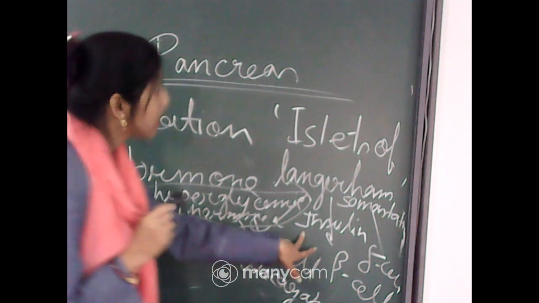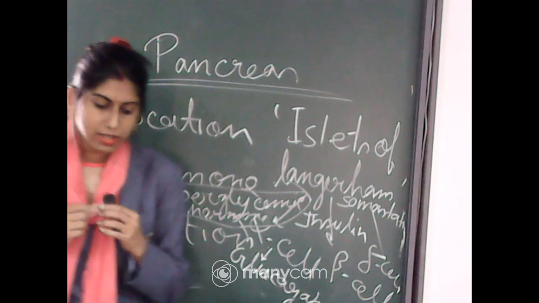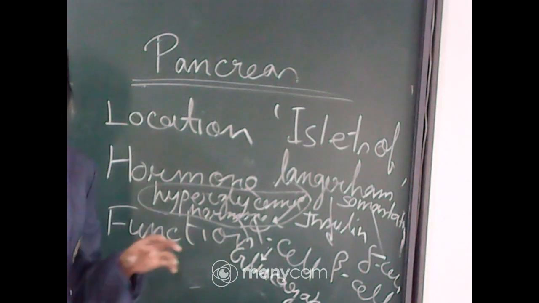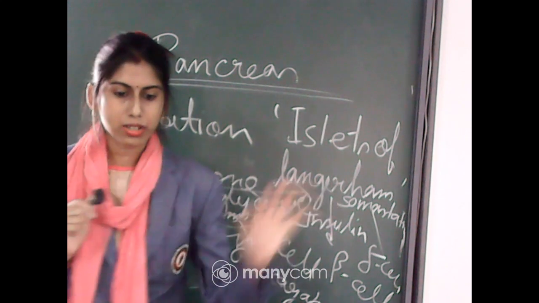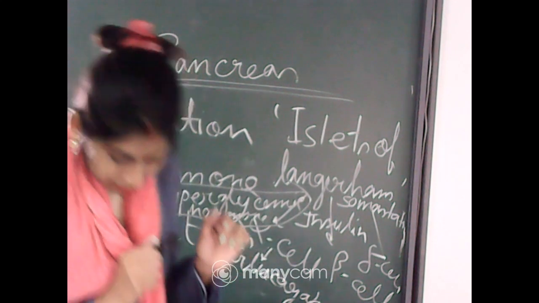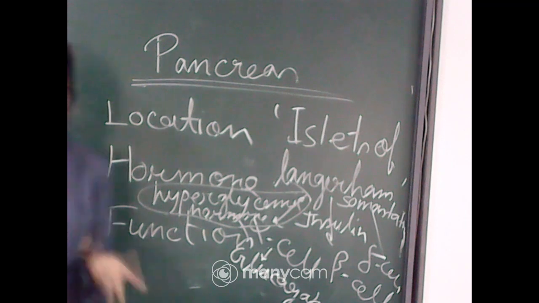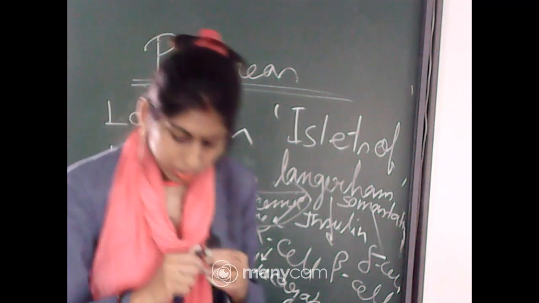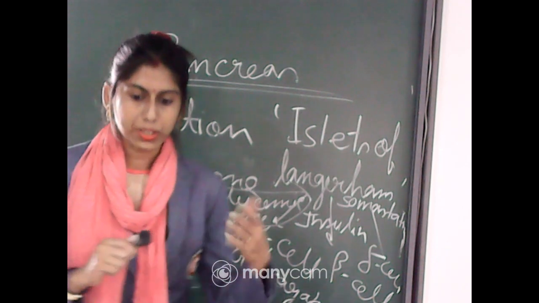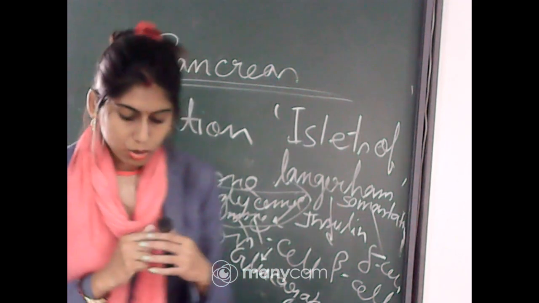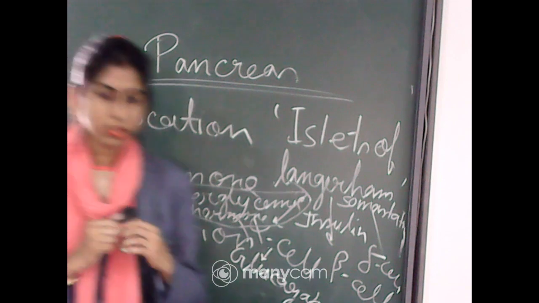From the beta cell, the insulin hormone is released, and insulin is also a peptide hormone. Glucagon is a peptide hormone and insulin is a peptide hormone, and it helps in the regulation of glucose homeostasis. Like glucagon, insulin also has its main role in the hepatocytes and adipocytes.